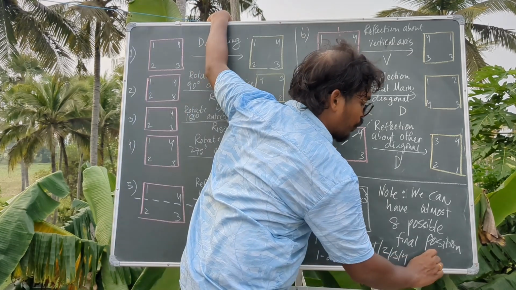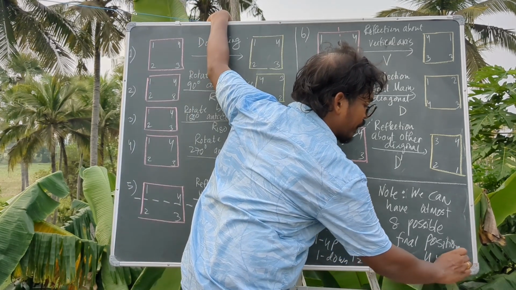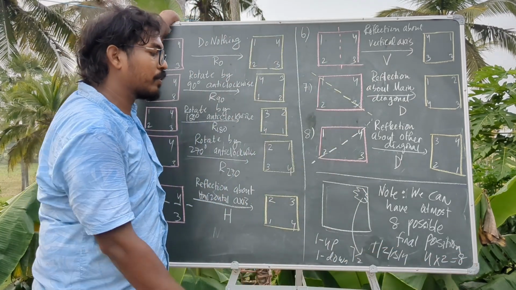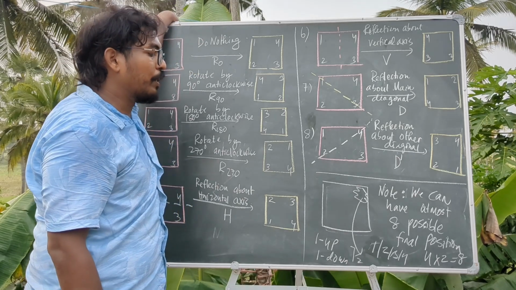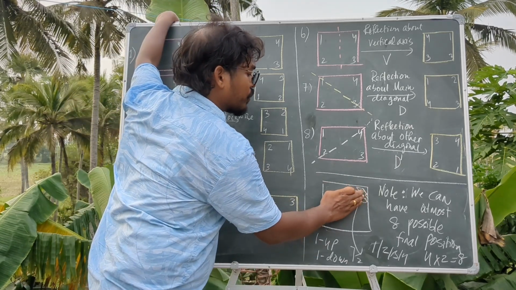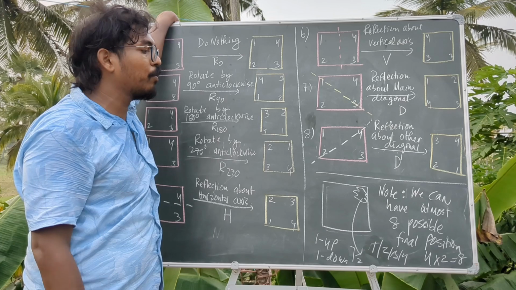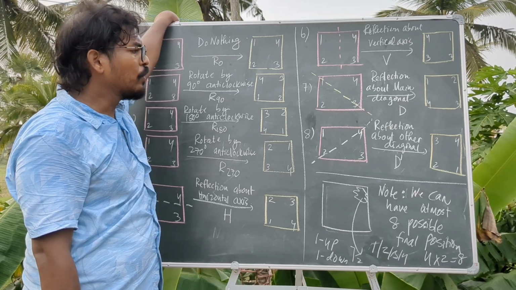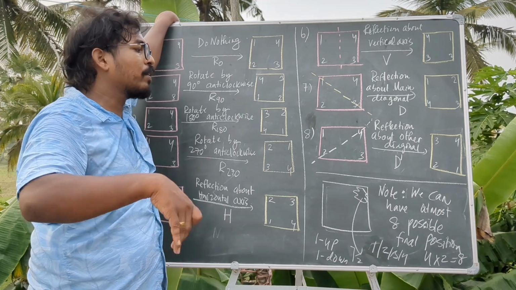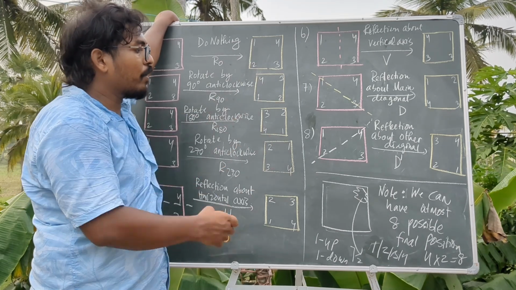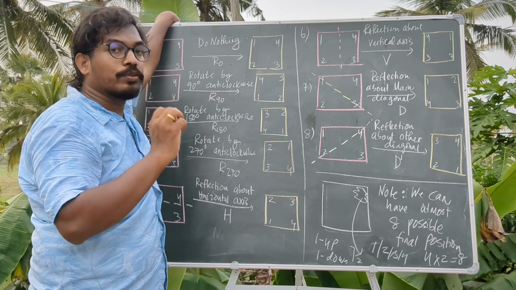So we are getting 4 times 2, total 8 positions of this corner. And this corner will decide every other corner. So if we have 8 choices for this corner, we will have 8 possible final positions. So these are the only possible motions we can have, and every other motion will be any one of these, or we will not get our square back.